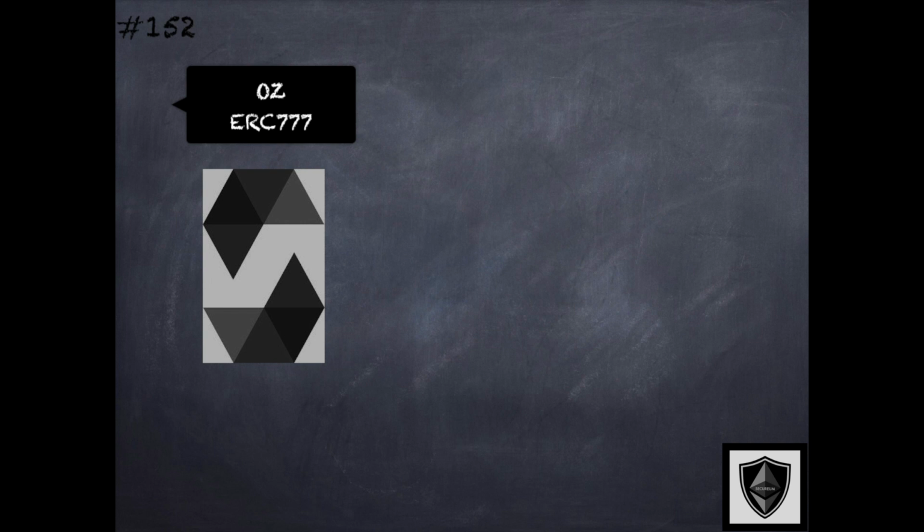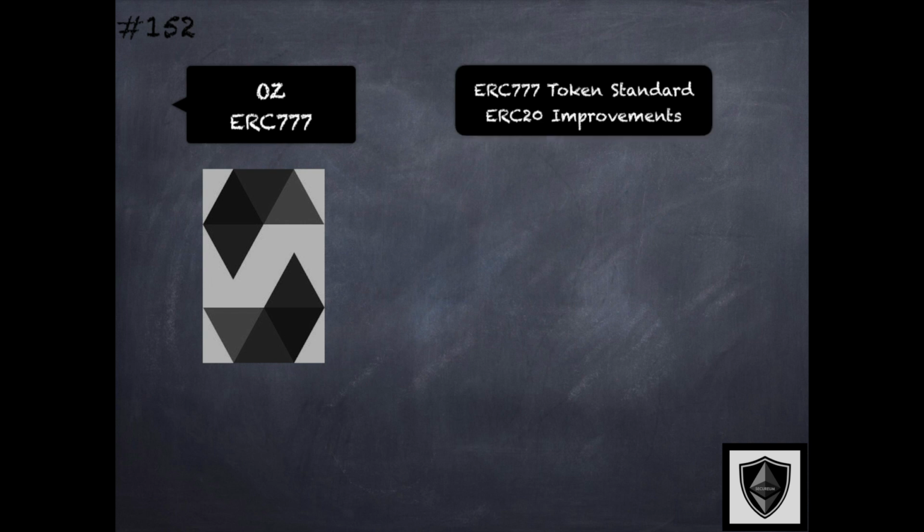The next library is one that implements the ERC777 token standard. This is a token standard similar to ERC20. It's backwards compatible with ERC20. So it implements a standard for fungible tokens and is considered as implementing several improvements over ERC20.